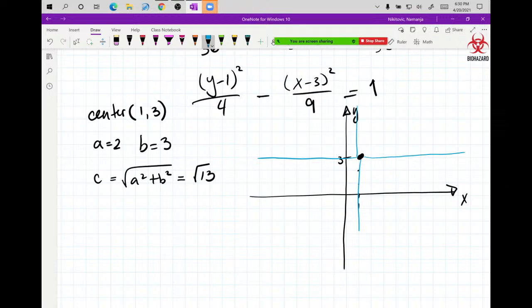So these lines represent the new coordinate system. Now I need to go 2 units left and right. So 2 units to the right, 2 units to the left, and then we need to go 3 units up and 3 units down, because those are b's. 3 units up, 1, 2, 3, and 3 units down, 1, 2, 3.